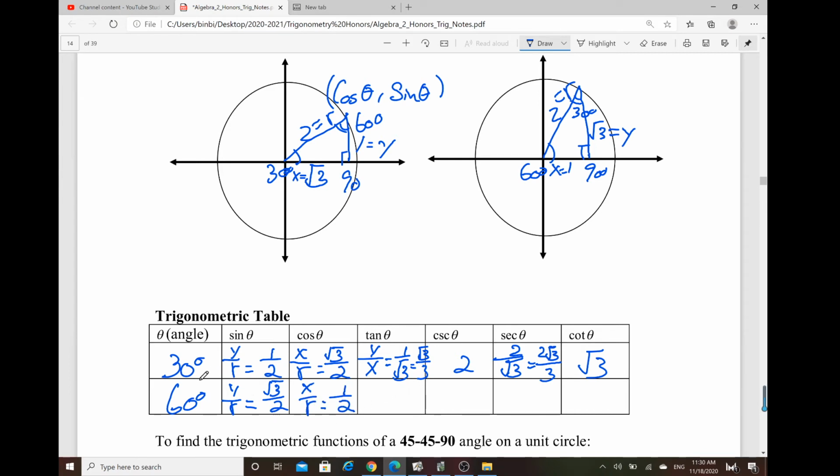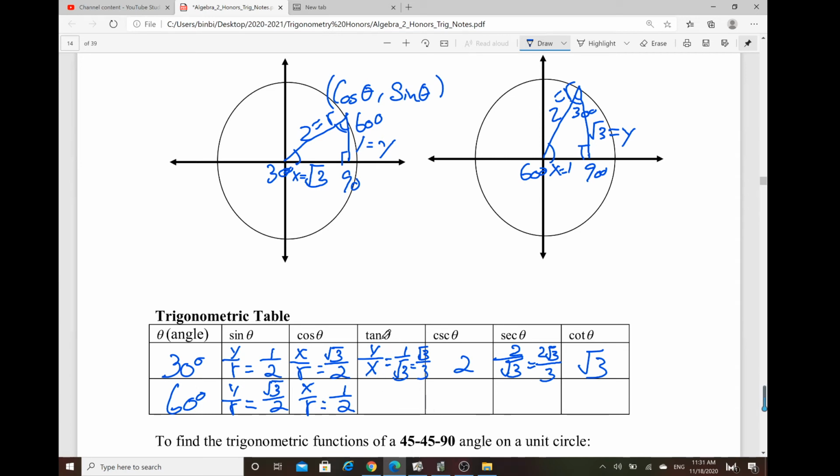As you may notice, the ratios for 30 and 60 are kind of the same. Cosine of 30 is the same as sine of 60, and sine of 30 is the same as cosine of 60.